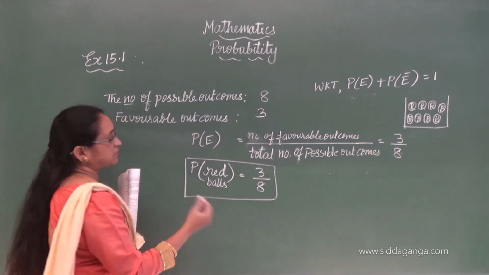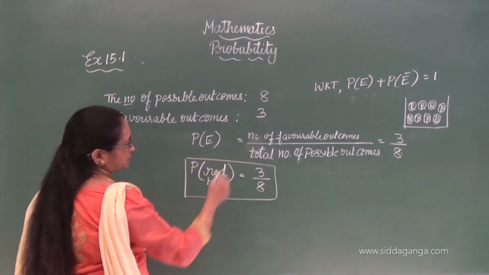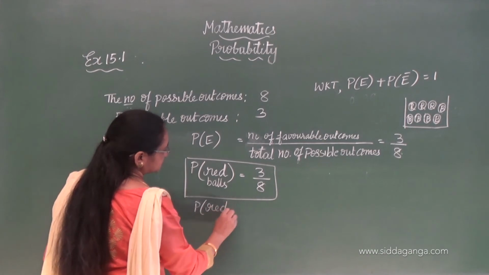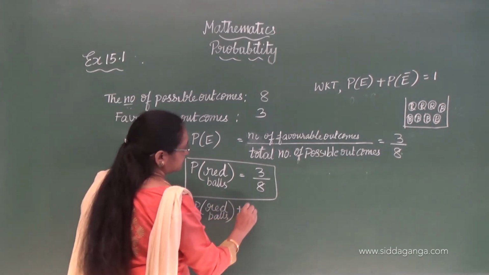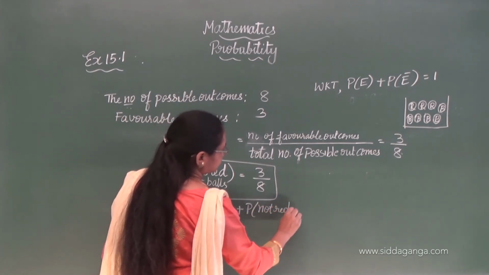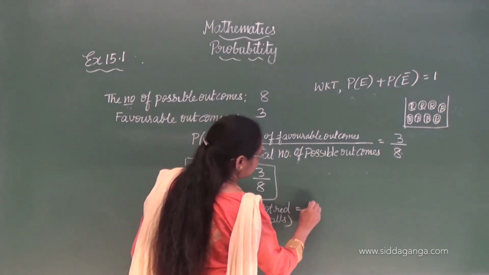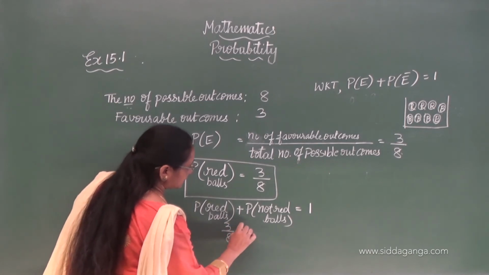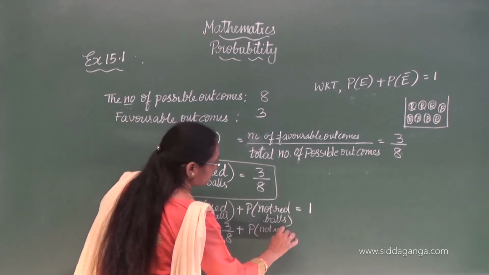So not red balls means again not this event. So you can use that formula also. P of red ball plus P of not red ball is equal to 1. So P of red ball is 3 by 8 plus, we don't know this, not red ball.